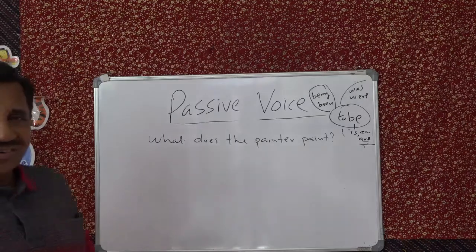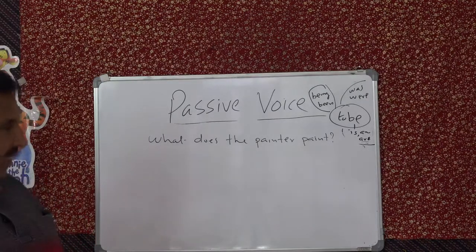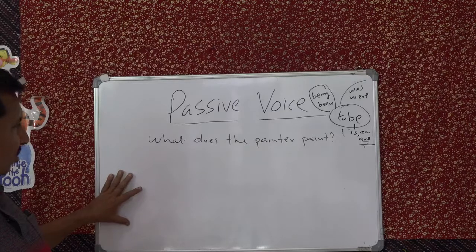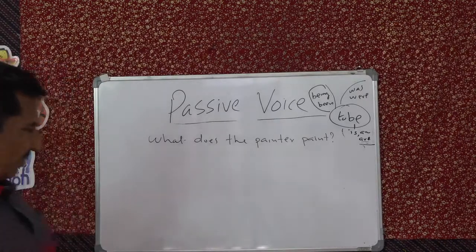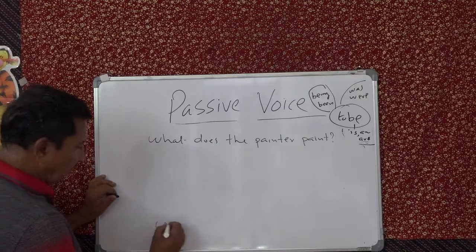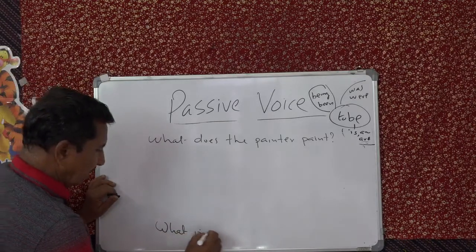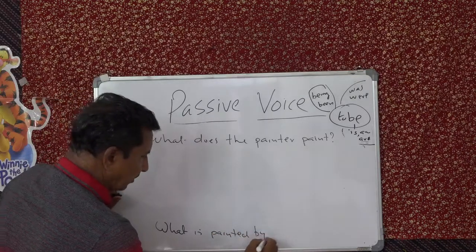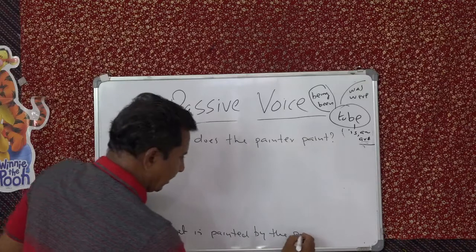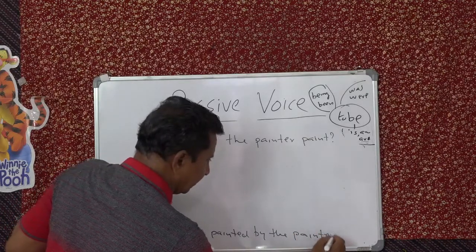Now, what will you do? Straight away we can say, what is painted by the painter? So that is the passive. What is painted by the painter? That is the passive.